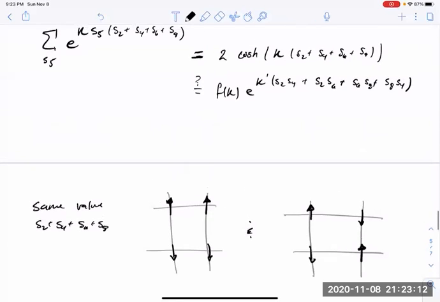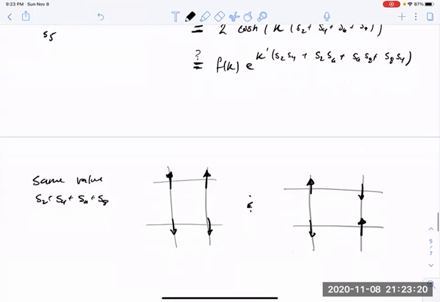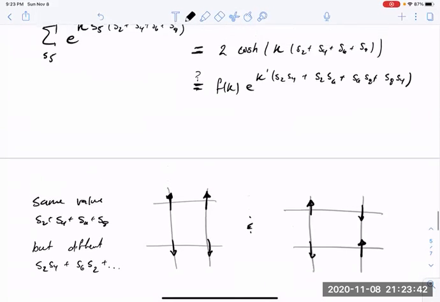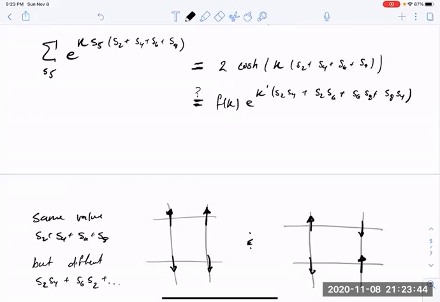But if I ask about what that equation has to be equal to, the product of 2 and 4, 2 and 6, 6 and 8, 8 and 4, those are going to be different. So in fact, there is no way to rewrite this term as something that looks exactly like that term.